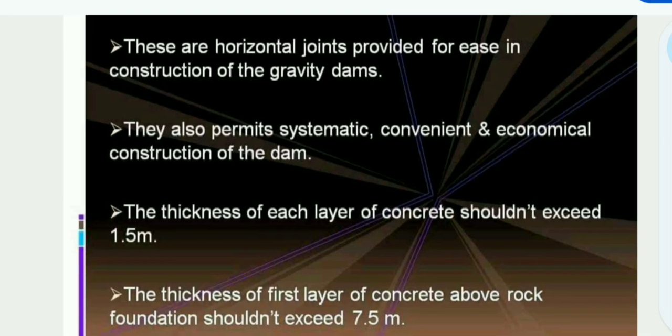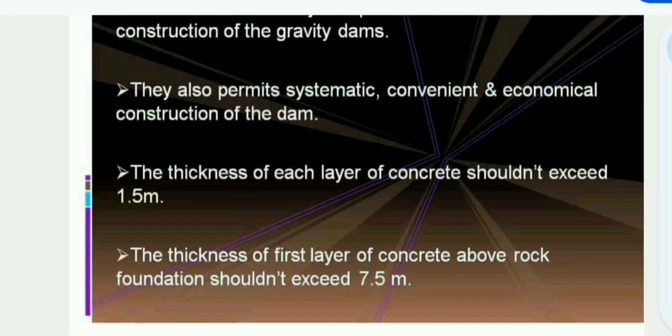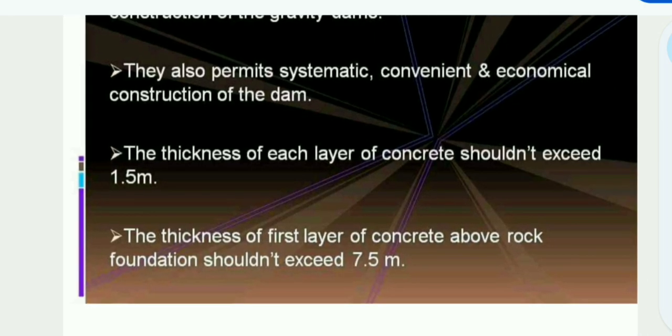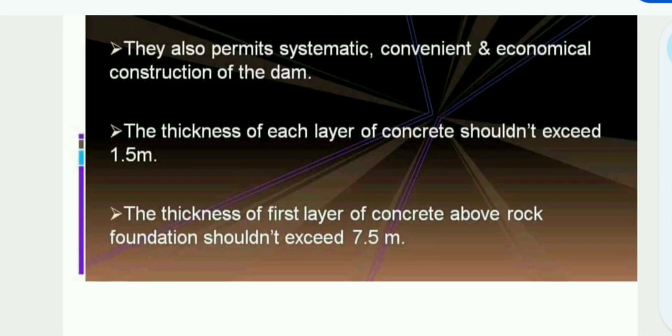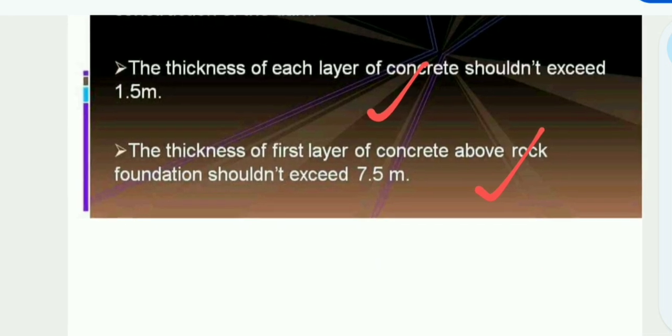They also permit systematic, convenient, and economical construction of the dam. The thickness of each layer of concrete should not exceed 1.5 meter. The thickness of the first layer of concrete above the rock foundation should not exceed 7.5 meter.